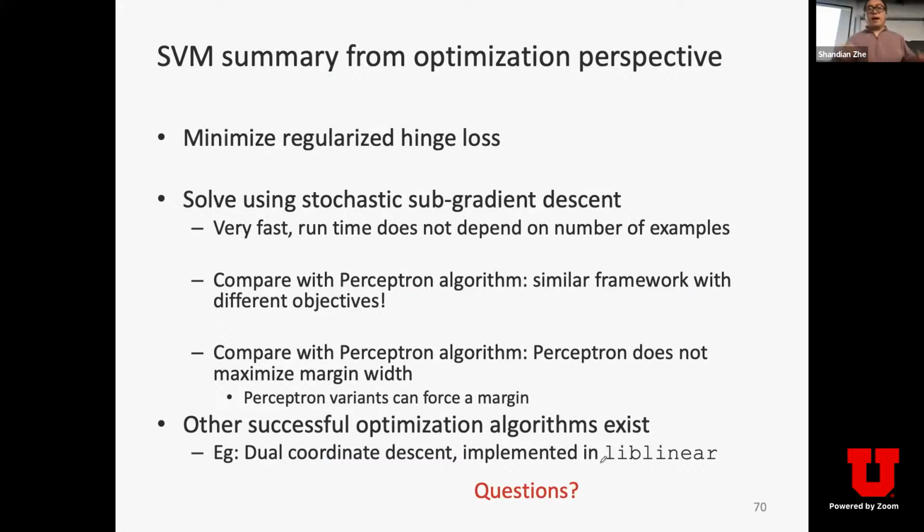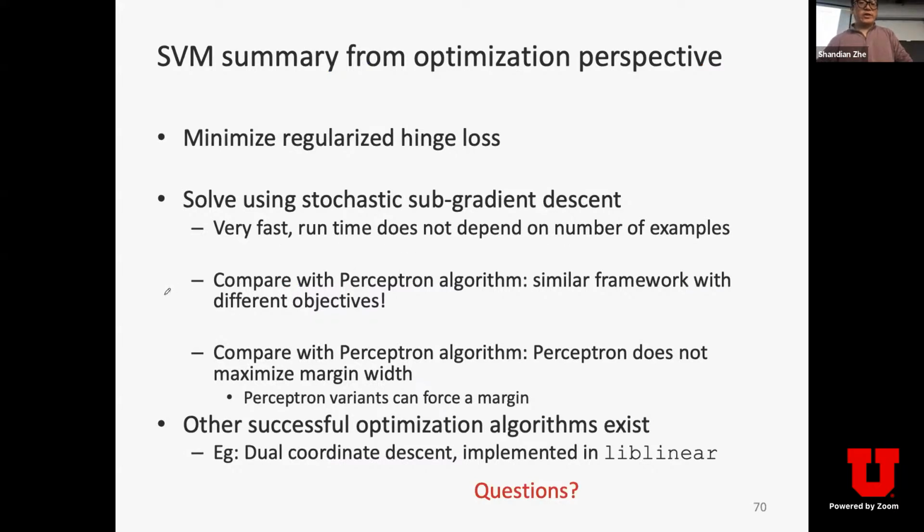And the other term in the loss is the hinge loss, which measures how well our model fits the training data. And we can use stochastic subgradient descent to solve the optimization problem. It has the benefit of being very fast, and the runtime does not depend on the number of examples.